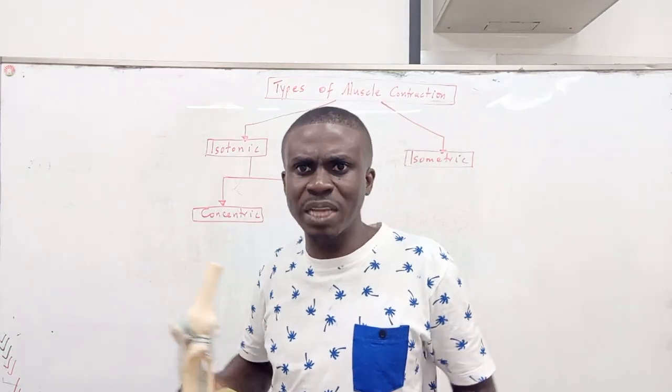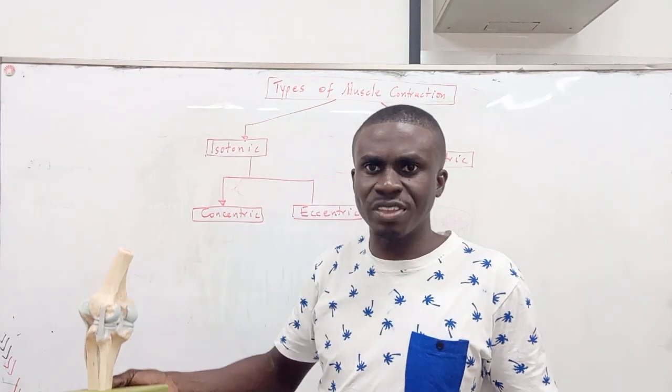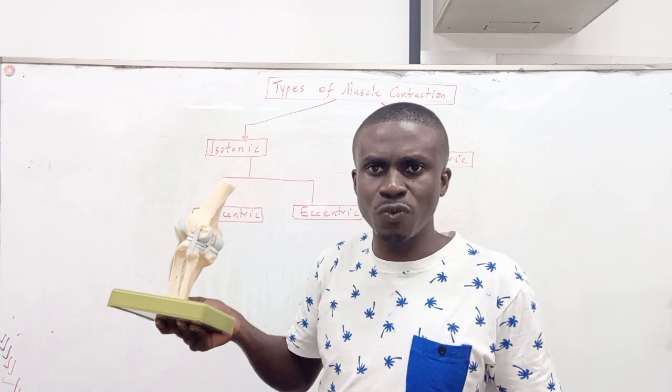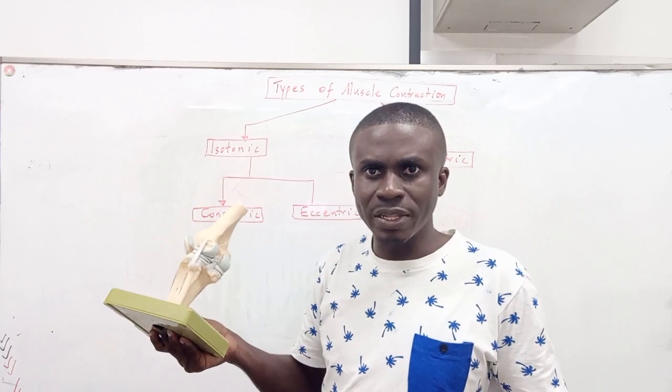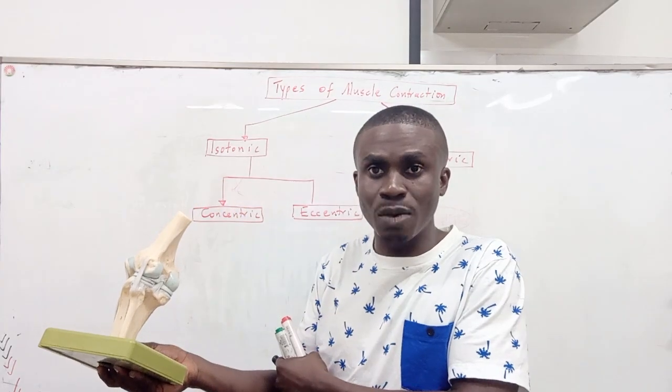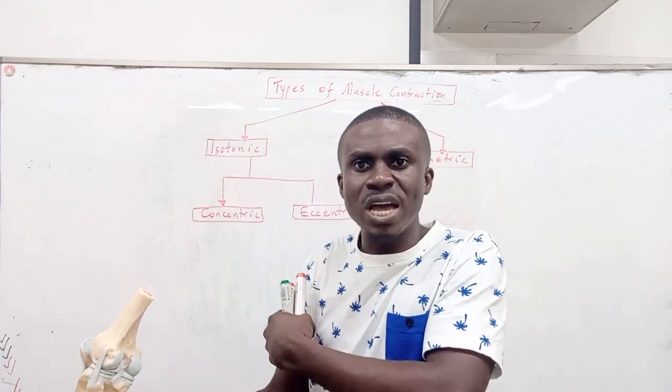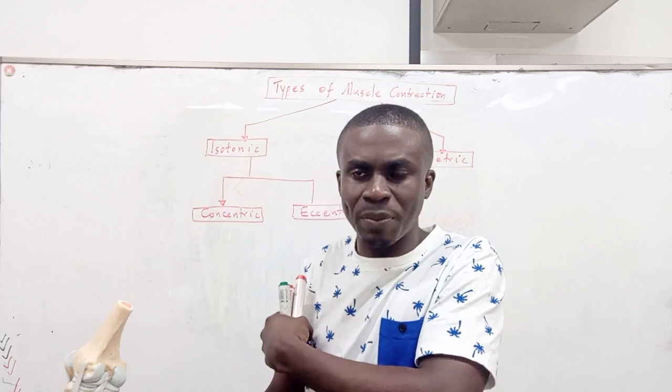I'm not applying my maximum effort because it's a small thing, I can carry it, I can raise it. For me to raise it this way, I have to cause flexion at my elbow joint. The muscle is going to contract, and which muscle is contracting mainly? We are looking at the biceps brachii muscle.